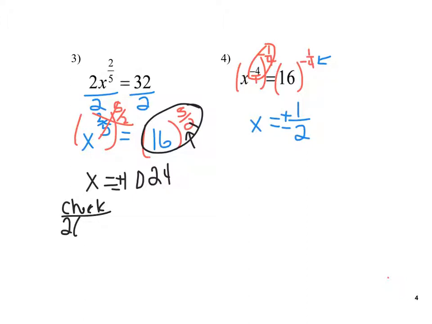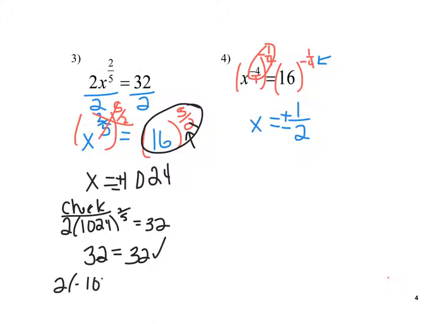So it's 2 times 1,024 to the 2/5 power. Does that equal 32? Plug that all into your calculator, and it does work. And then we do the same thing with the negative. And that equals also. So we have those two answers.